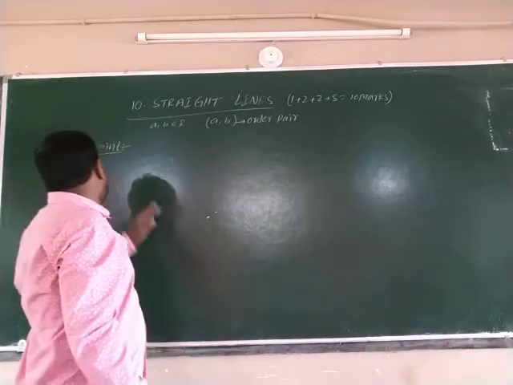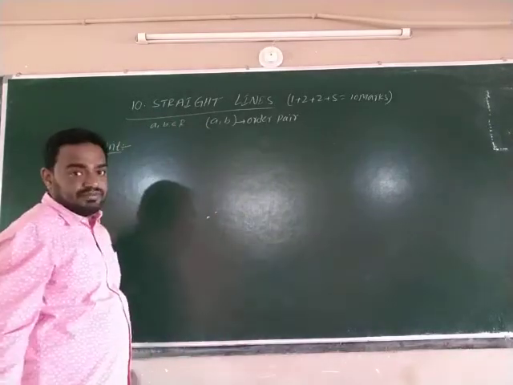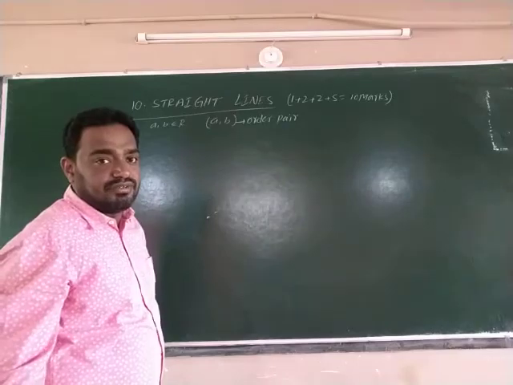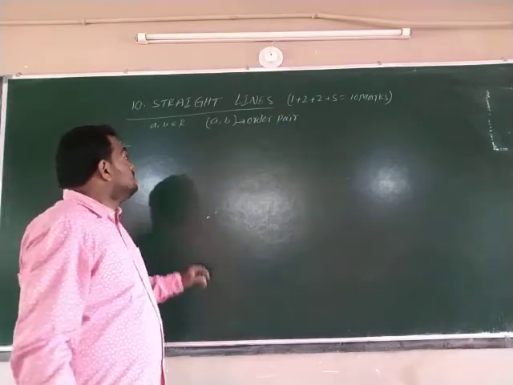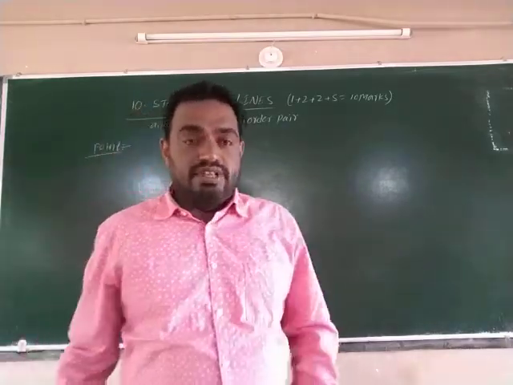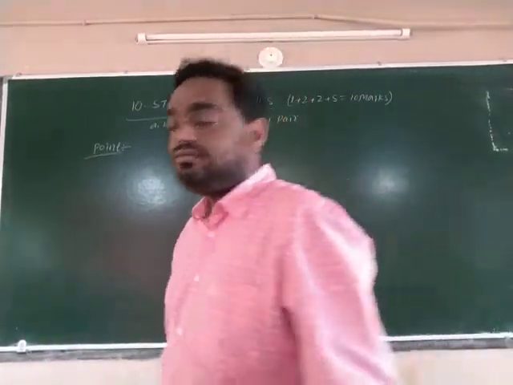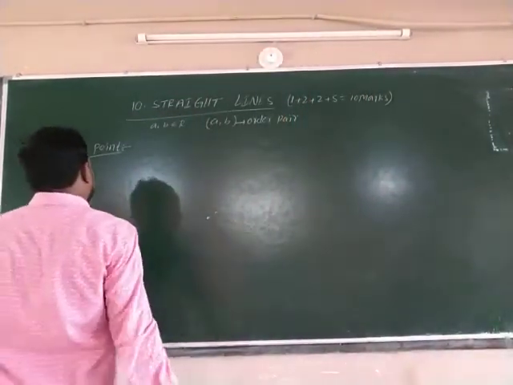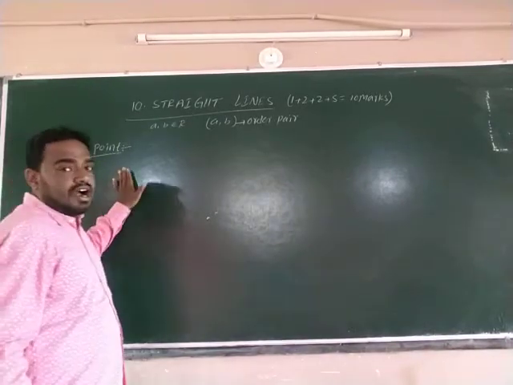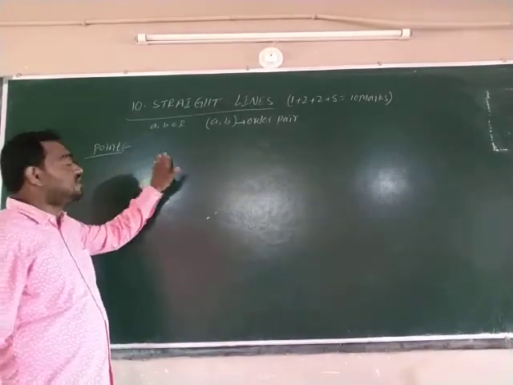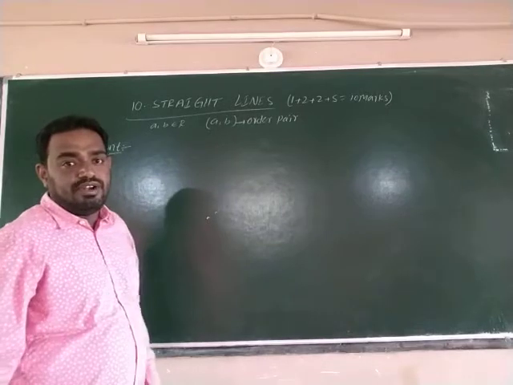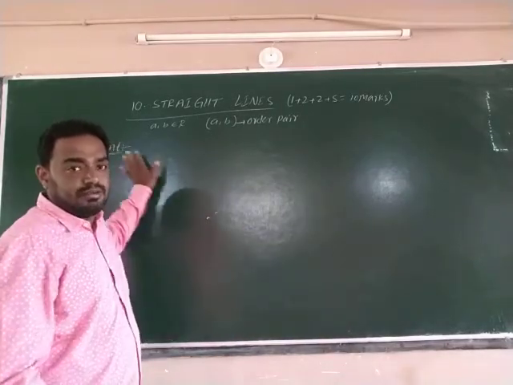Okay. Now coming to point definition. So point definition is: point is the order pair of any two real numbers. The order pair of any two real numbers is called point.